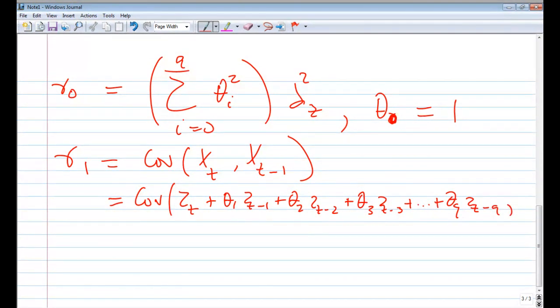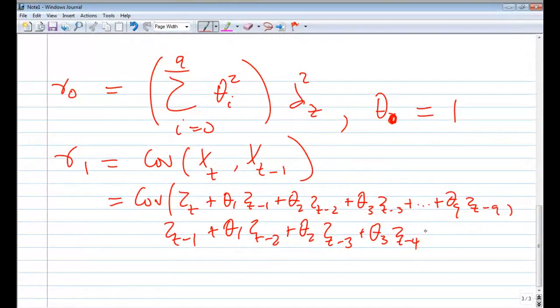So what about xt minus 1? It's going to be zt minus 1. Where there is t, you put t minus 1. Where there is t minus 1, put t minus 2, t minus 3, and so on. Then plus theta 1 zt minus 2, plus theta 2 zt minus 3, plus theta 3 zt minus 4, and so on.